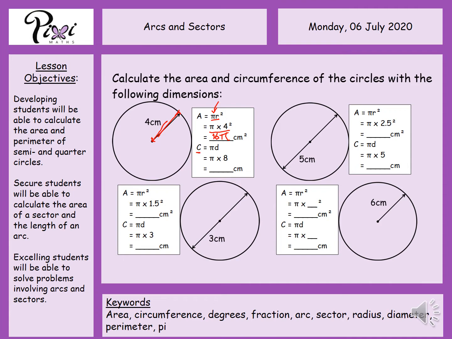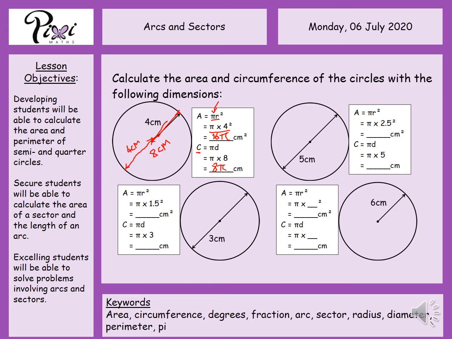The other sort is circumference, so that is pi times diameter. The diameter is the full way across the circle going through the centre. So it's 2 lots of the radius, and the radius being 4, we've got 2 lots of that, so that means overall the diameter is 8. So our circumference then is pi times 8, which would be 8 pi.